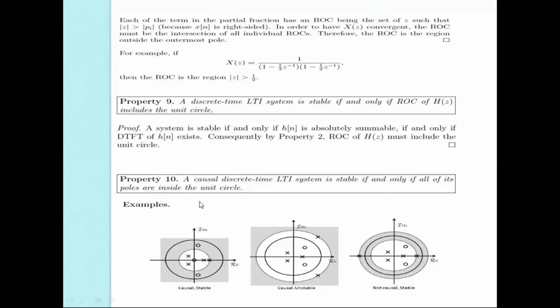All of its poles. When it is stable, my dear students, all of its poles are inside the unit circle. Inside the unit circle, then we can call it a stable system. For the causal and non-causal, if any is outside the circle, it means unstable.